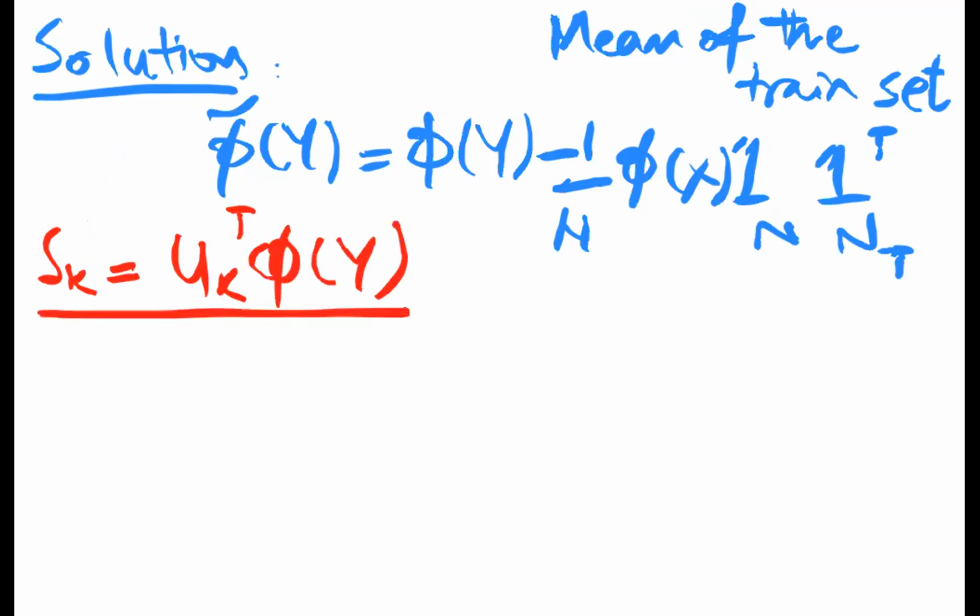I'm not going to motivate it for you guys. Maybe I should write it, because they calculated this in detail in the lecture notes. That's how scores are defined. So then we simply use this UK.